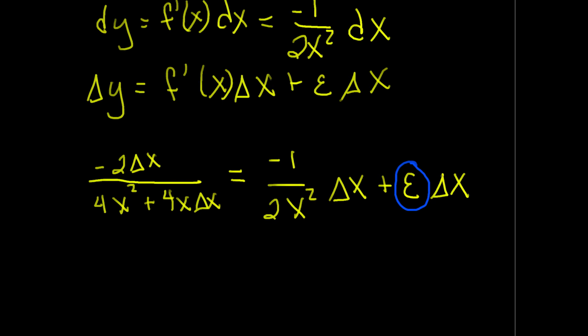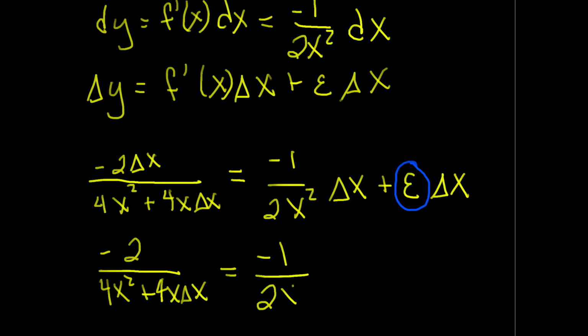And that's now just a straightforward algebraic move. So I'm going to divide through by delta x. Now I've got a delta x here, a delta x there, and a delta x in the numerator. So this tells me that negative 2 over 4x squared plus 4x delta x is equal to negative 1 over 2x squared plus epsilon.